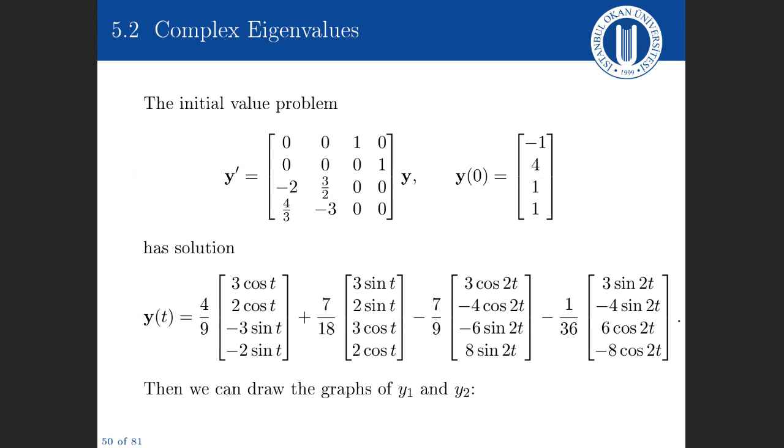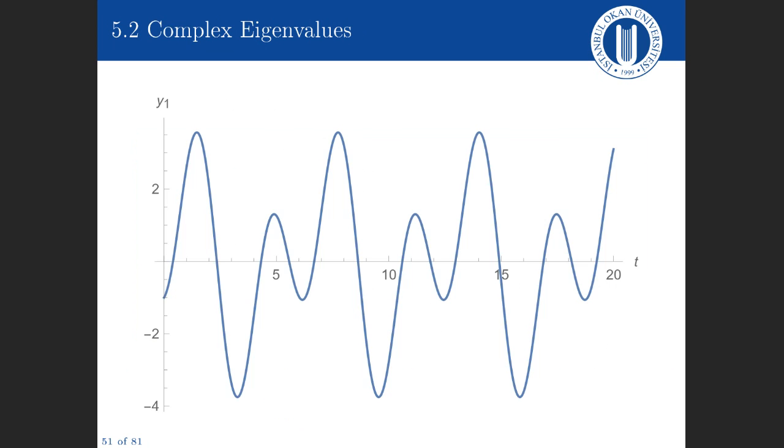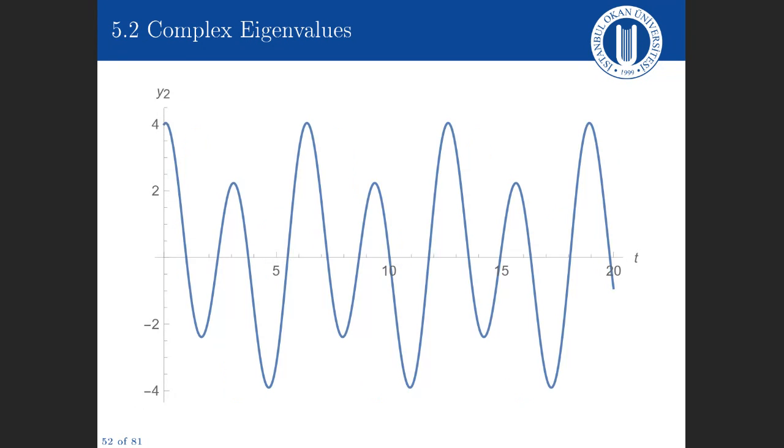Using the initial condition, we can calculate the constants, and we get this complicated function here. And then we can use this to sketch the graphs, which I've done with a computer. This is the graph of y1 or x1. This is how much the left-hand block moves. And this is the graph of y2 or x2, how the right-hand block moves.